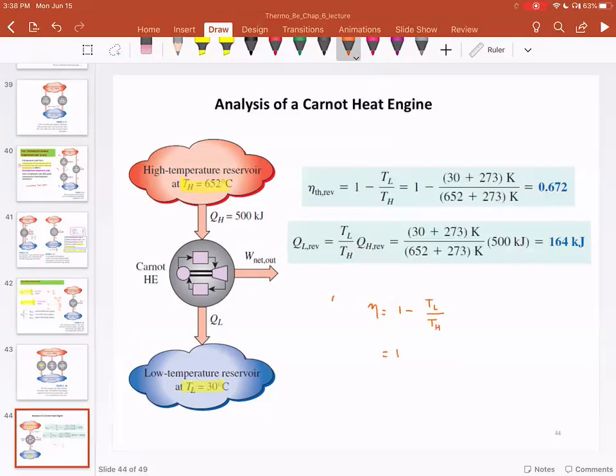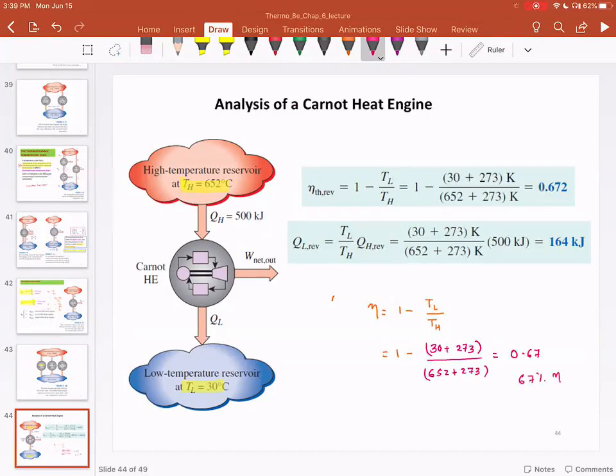But please note, these temperatures must be in Kelvin. So what it means is you should be doing 30 plus 273 divided by TH, which is 652 plus 273. And when you work out this ratio, this happens to be 0.67.